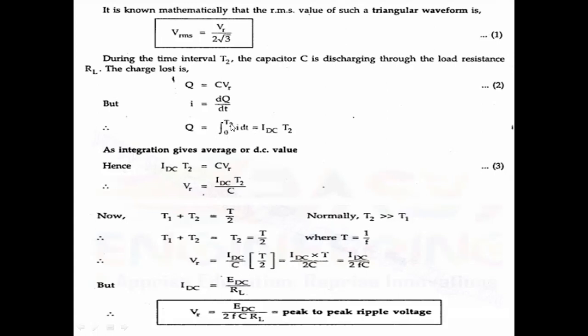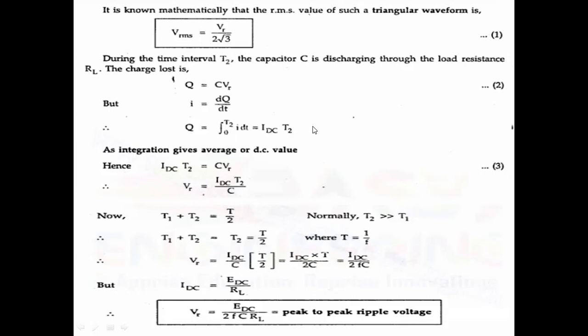Integrating, I is IDC here, and we get IDC into T2 minus 0. As integration gives the average or DC value, IDC into T2 is equal to C into VR.